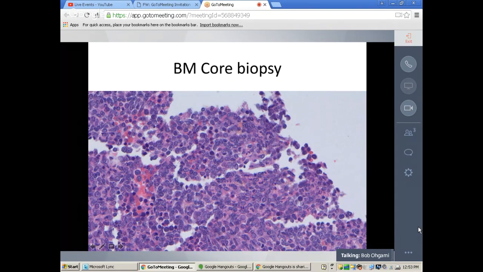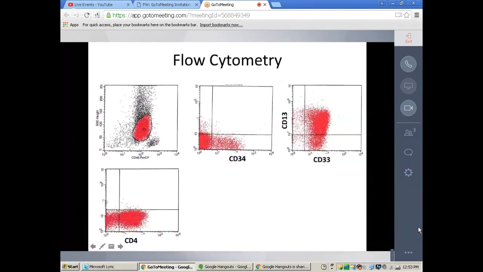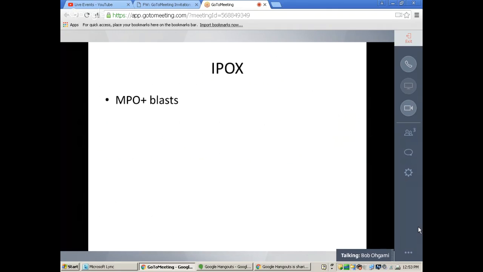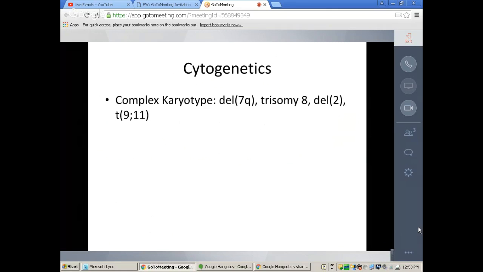Flow cytometry is performed, and you can see that these blasts express CD13, CD33, some CD4, and immunohistochemistry is performed, and the blasts express MPO. Cytogenetics is also performed, and there's a complex karyotype for this patient. They have 3 or more cytogenetic abnormalities.